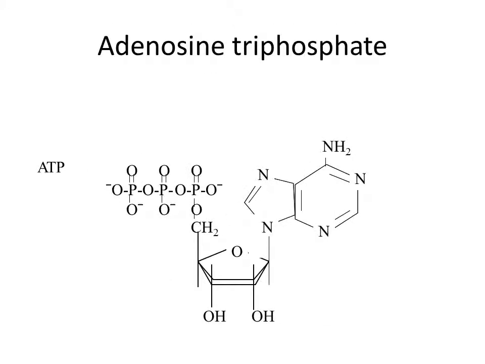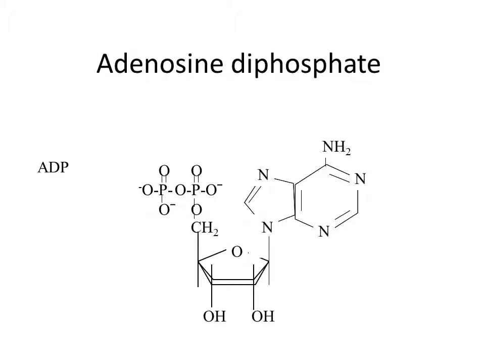Adenosine triphosphate has a similar structure to what we've been seeing, except it is a nucleotide with 3 phosphates on it instead of just 1. We also have ADP, which has only 2 phosphates on it.